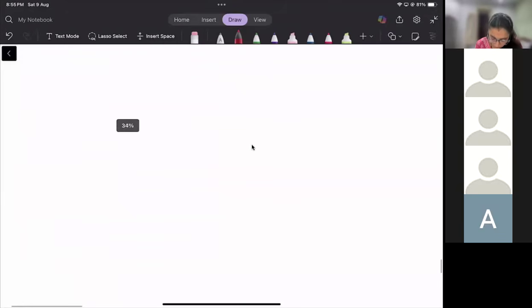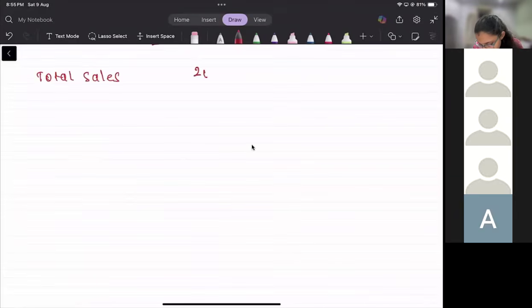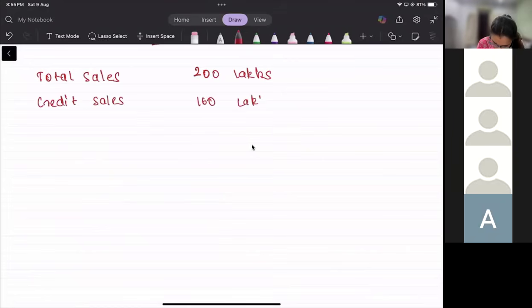Now let's do the working note. Total sales. How much was the total sales? 200 lakhs. Out of which credit sales was 160 lakh. Correct?